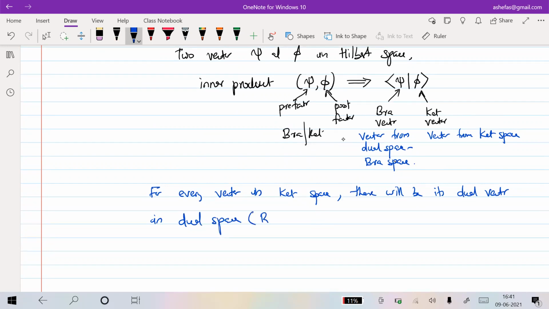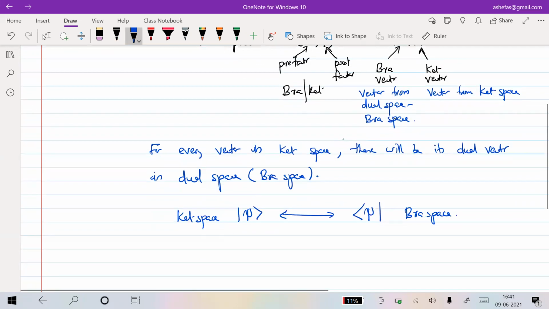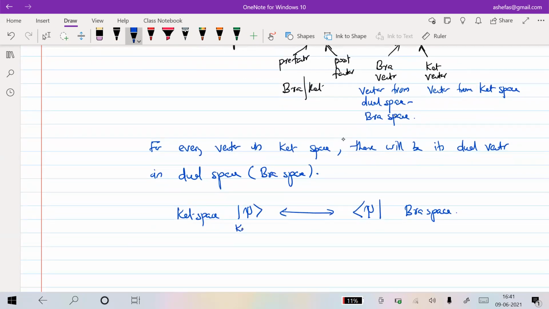The dual space is also called the Bra space. So if you have the vector |psi> in Ket space, there will be a corresponding vector <psi| in the Bra space. Okay, so by pronunciation we call this a Ket psi, and this we pronounce as Bra psi.